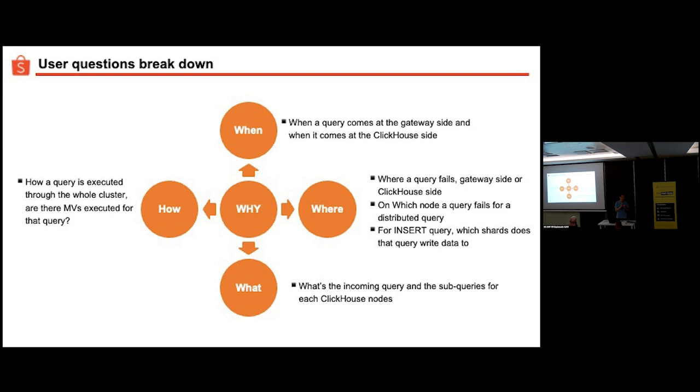Then we can judge whether this latency problem is about the ClickHouse gateway or certain replicas. For query failure, sometimes we have to know whether this exception is from the ClickHouse gateway side or from a particular ClickHouse replica. So to answer these user questions, we have to collect all the information that we can to make a judgment.